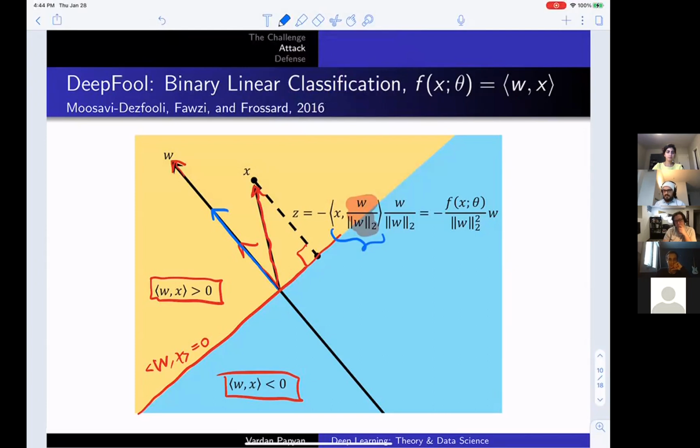And then, because if you're doing an inner product of X with a unit vector, it gives you a scalar, you need to multiply the scalar by a direction, which is the unit vector, and add a minus because you want to go in the opposite direction. Does this make sense? Any questions?